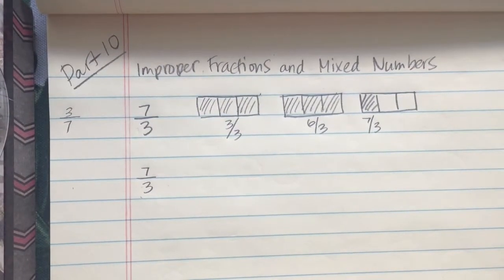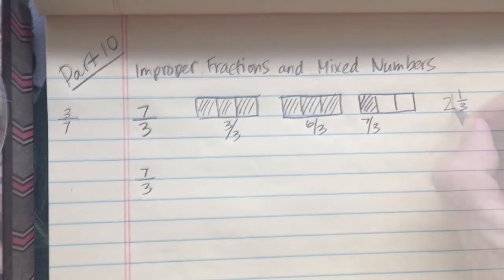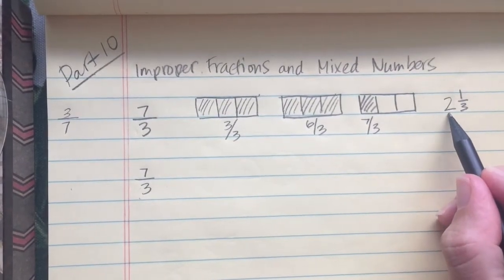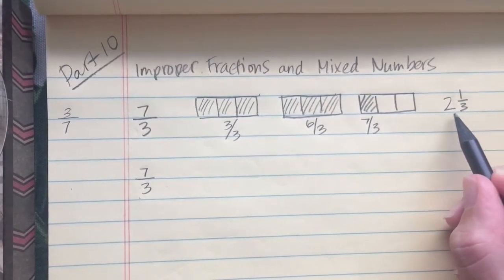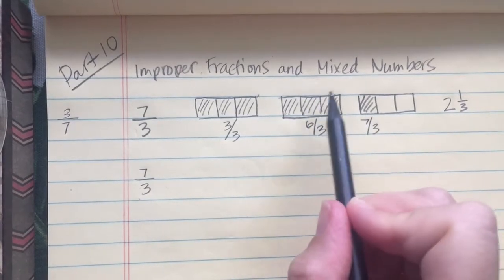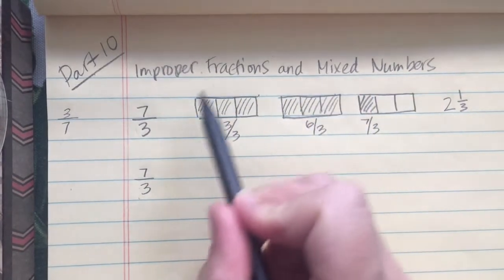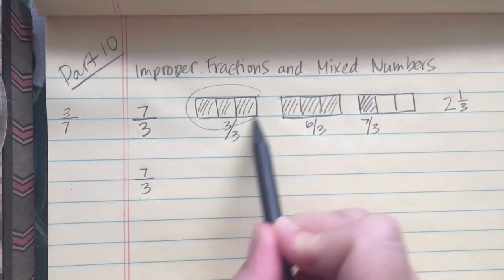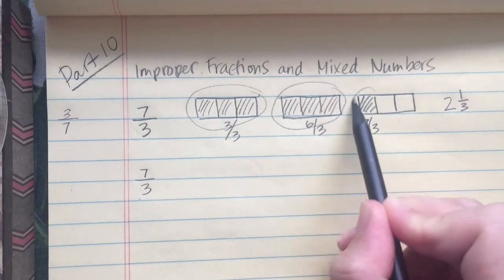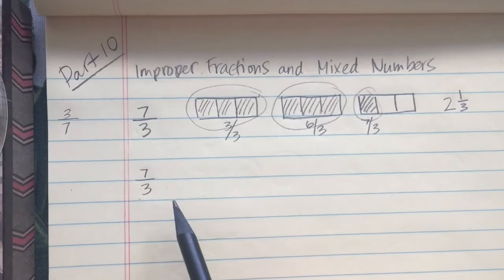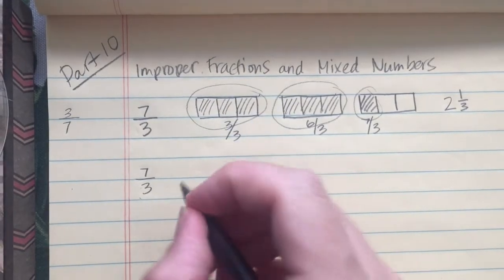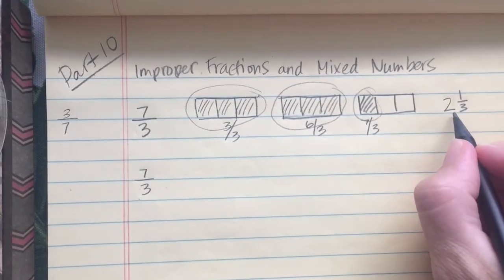A mixed number looks like this: 2, which is a whole number, and 1/3. So 2 and 1/3, which is what this represents. We've eaten 1, 2, and a third candy bars. So let's talk about how you transfer this into this form.